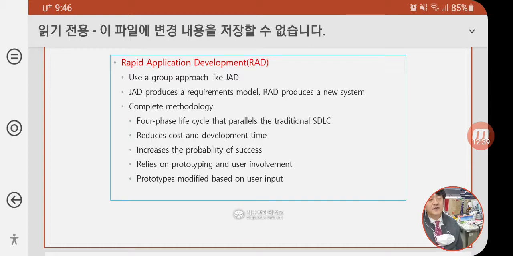RAD reduces cost and development time. It increases the probability of success. RAD relies on prototyping and user involvement. Prototypes are modified based on user input.